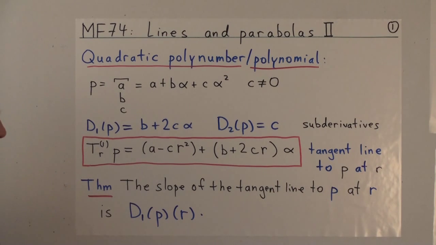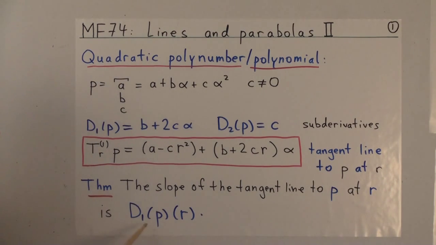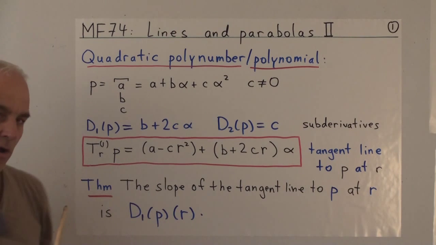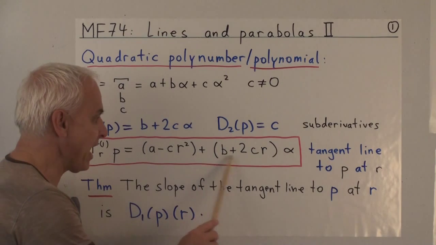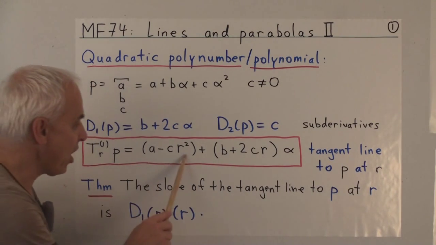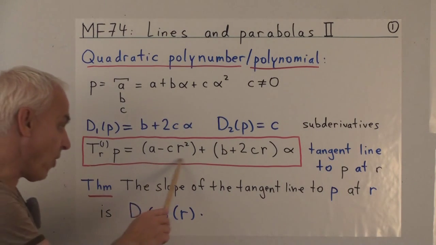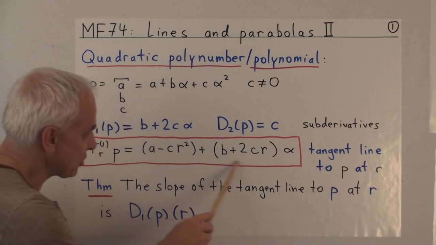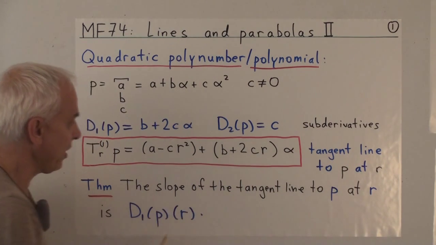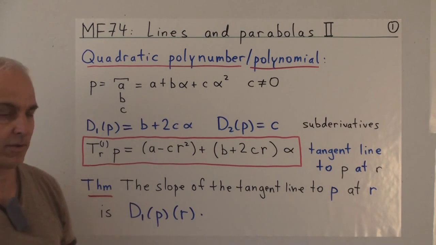Okay, at this point we can observe something reasonably interesting, that the slope of the tangent line to p at r is exactly the derivative of p evaluated at r. So we saw last time that when we had a line like this, the two constants here had geometrical significance: this was the y-intercept and this was the slope. And this quantity here, b plus 2cr, is exactly what you get when you take the derivative and evaluate it at r.